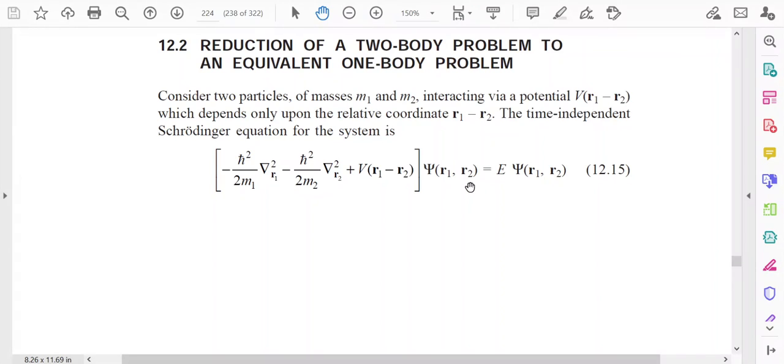Because the position vector of m1 is r1 and the position vector of m2 is r2. That is why psi is a function of r1, r2. That is equal to E times psi. So this is the time independent Schrodinger equation for the two-body system.